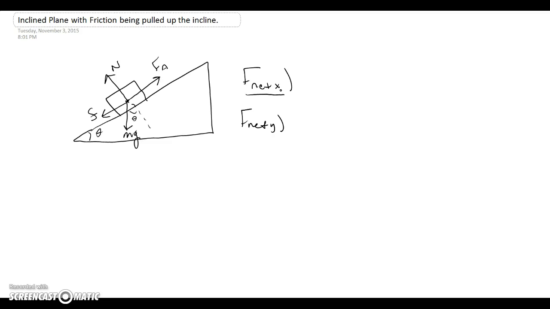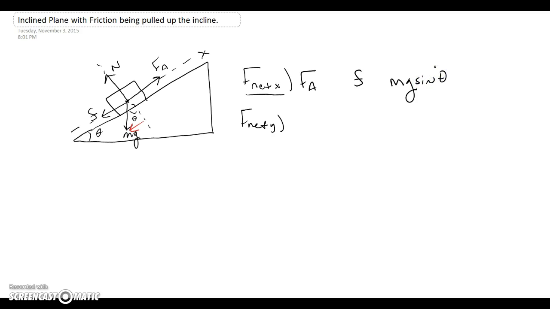You can see that as I extend the x-axis here and the y-axis here, the applied force and the friction are only in the x direction, where part of the weight is in the x direction. And we know that as our mg sine theta.